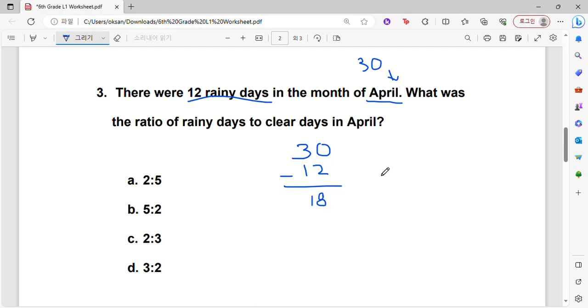So the ratio of rainy days to clear days would be 12 to 18, which can be simplified by dividing 6 on both sides. That gives us 2 to 3, so C would be our answer.